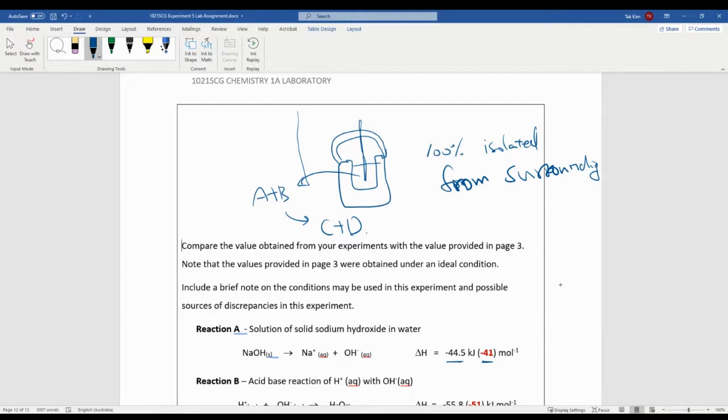But when you look at the table from part A, temperature was going up and then maxed at about 36 degrees Celsius. But at some stage, you saw temperature going down to 35 degrees Celsius. What it means is, during the entire experiment, you just keep losing some heat through the calorimeter, which doesn't provide 100% isolation.